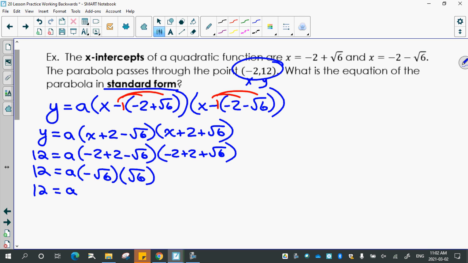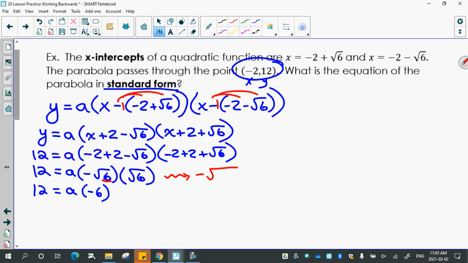What's -root 6 times positive root 6? No, that would be adding. I'm multiplying them. Yep, -6, good. Okay, if you don't see that, remember a negative times a positive is a negative.